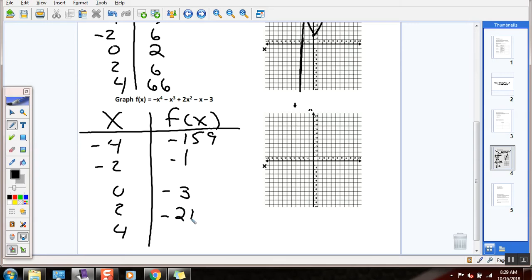Let me run this quick in my head here. 4 to the 4th is 256. -256 minus 64 is -320. -320 plus 32 is -288. So -292? What do you have? -268.